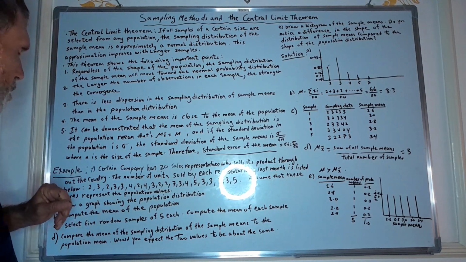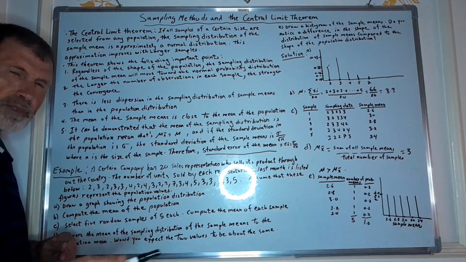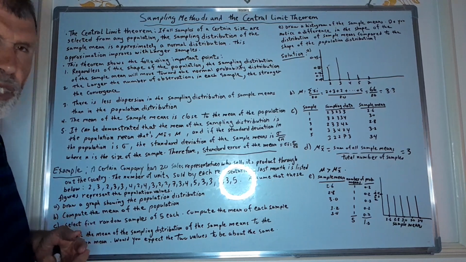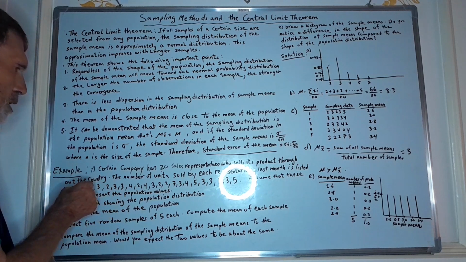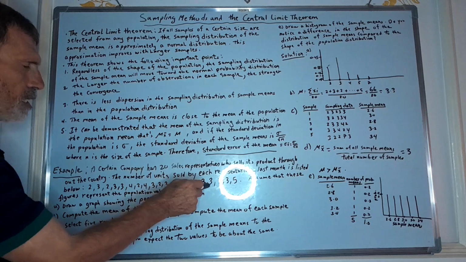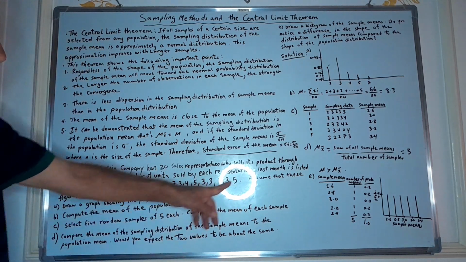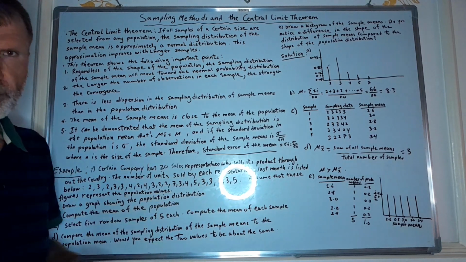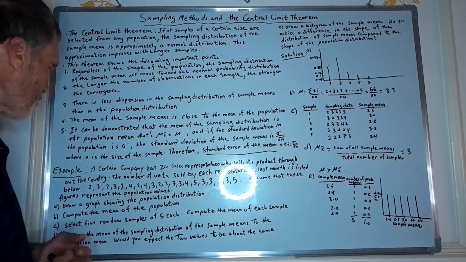So the first employee sold 2 units, the second employee sold 3 units, and so on. The 20th employee sold 5 units. Assume that these figures represent the population values. So we have here 20 population values.